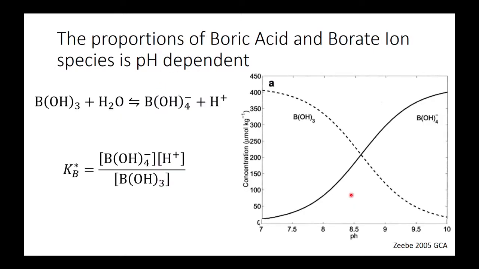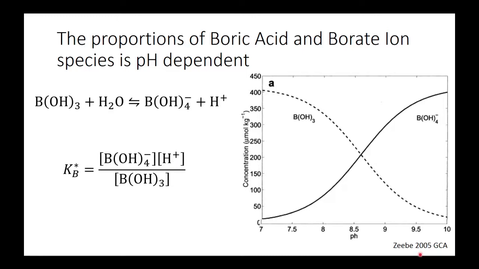So let's go a step back into the chemistry of these things now. I mentioned that the relative proportions of boric acid and the borate ion will be dependent on pH. That's because this equilibrium reaction has a hydrogen ion in it. So the equilibrium constant will have the concentration of the borate ion, the boric acid, and also the hydrogen ion.